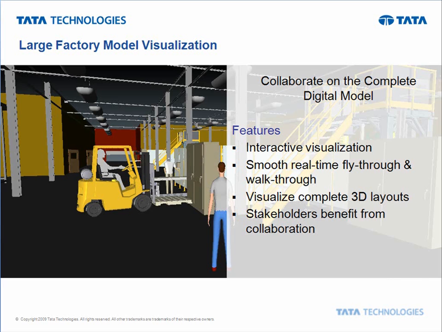Moving on with our 5 reasons, we come across our second one. It's truly talking about large factory model visualization, giving us the ability to go through and do some interactive visualization of plants, buildings, whatever the case may be. It gives us the ability to have smooth, real-time fly-throughs and walkthroughs. It allows us to visualize complete 3D layouts.